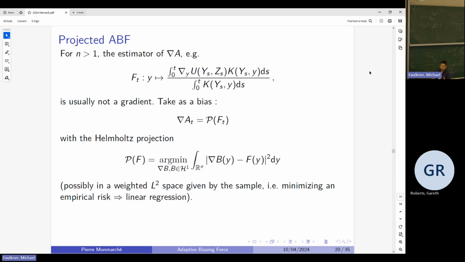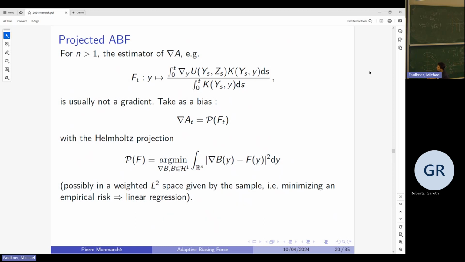Not all vector fields are gradients of functions, and so by projecting you have a problem of smaller dimension, and so you have smaller variance of your estimator. Having a gradient is having the function b: instead of a vector field from Rn to Rn, you just have a function b from Rn to R, which is much simpler to do.